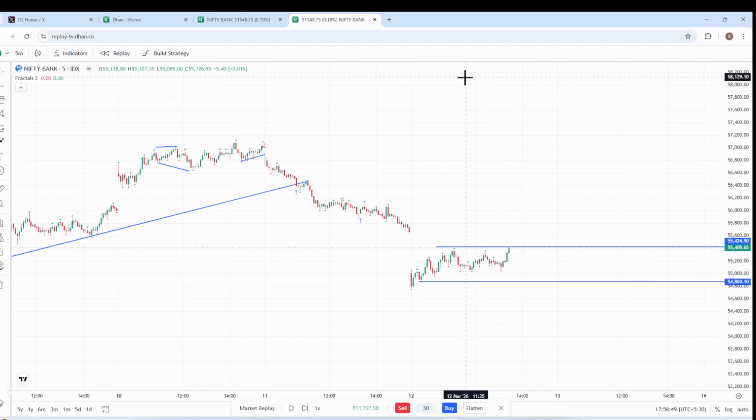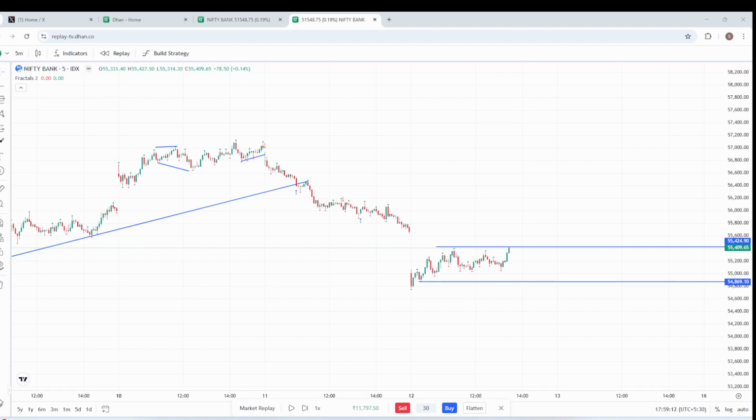Now, if you don't know how to enter in such an aggressive manner, you can wait for this first fractal to form, then wait for A, B and C. Break up this, you can buy, but the only momentum you are getting is up to here.